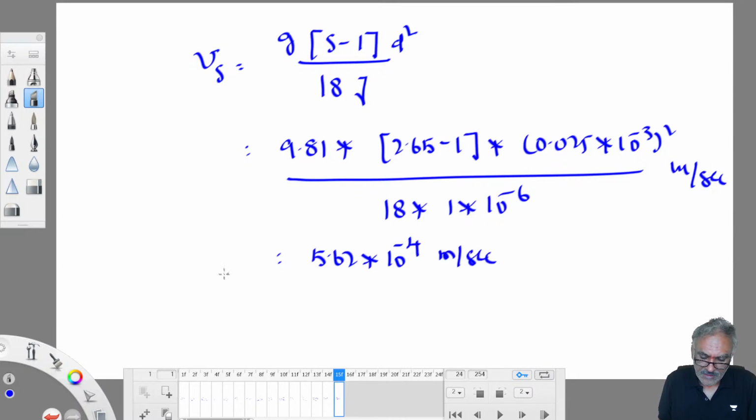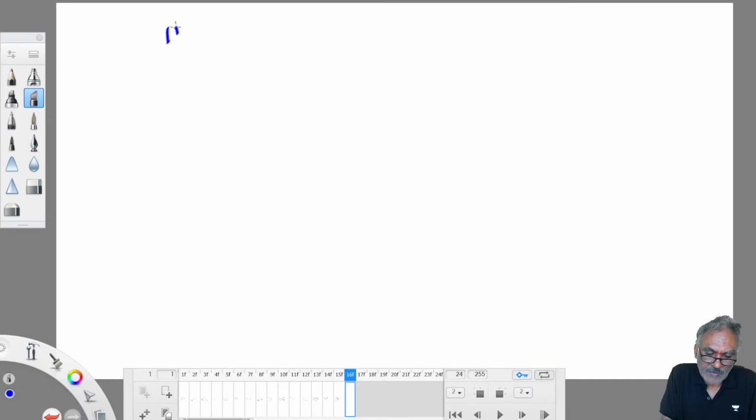So what we have been asked to find out is the flow velocity of the particle. For 100% removal I am using the second condition. Minimum condition I take. H by Vs should be equal to L by Vh.